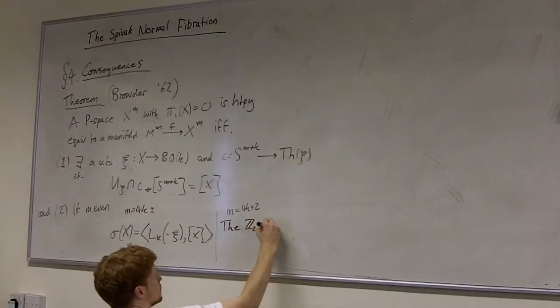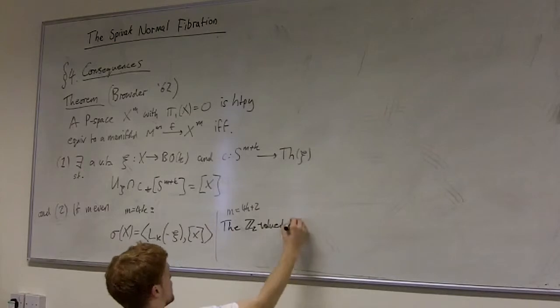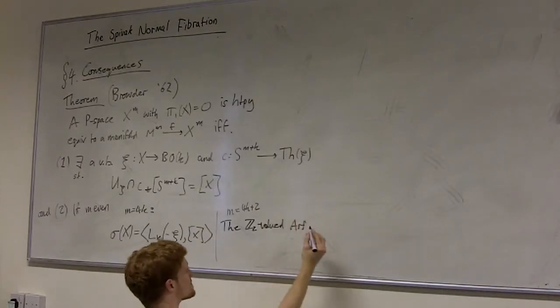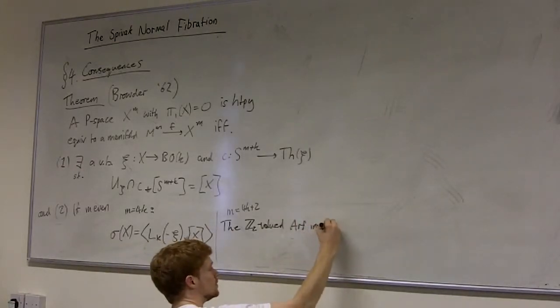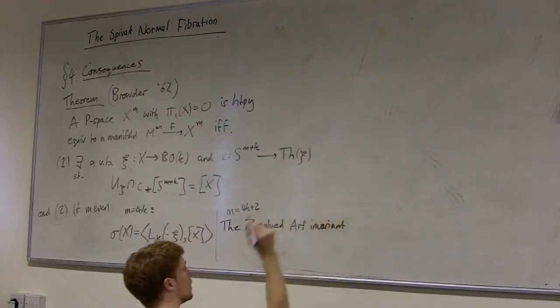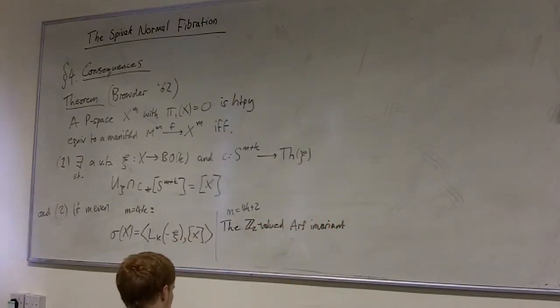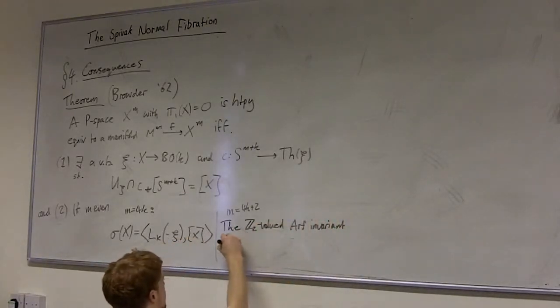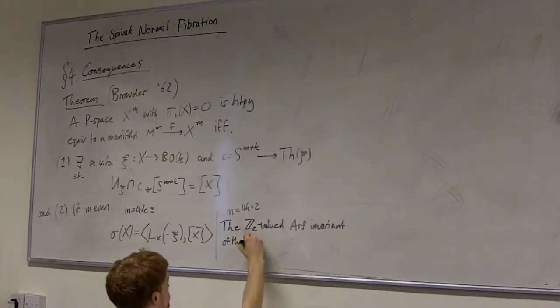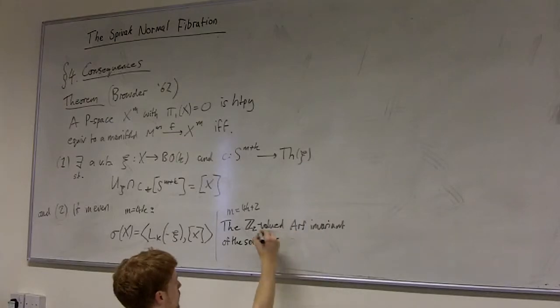So this is the Z2 valued Arf invariant, whatever that is, so I guess we'll talk about that in a bit, of the self-intersection form. So I believe Philip talked about this.